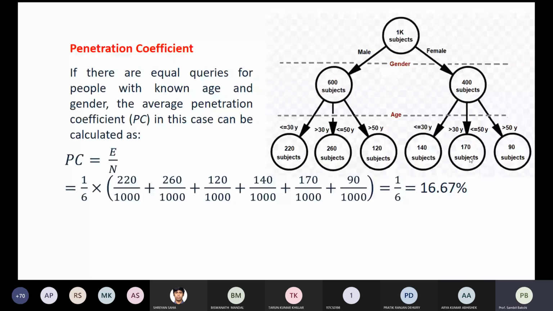So on average, if you always get queries where you know age and gender, you are only penetrating 16.67% of the whole database in the long run. So that is good. Could you get it?